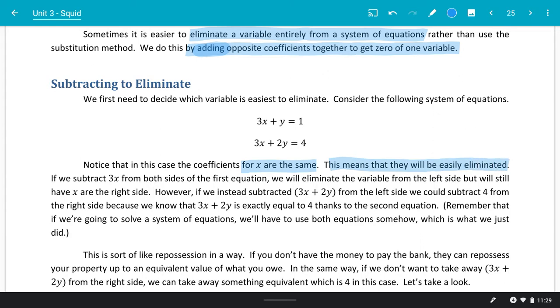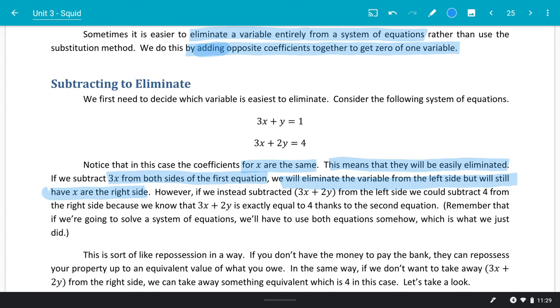If we subtract 3x from both sides of the first equation, we can eliminate the variable from the left side, but we'll still have x on the right side.